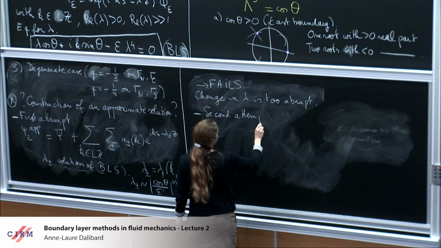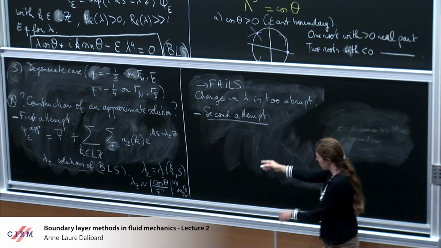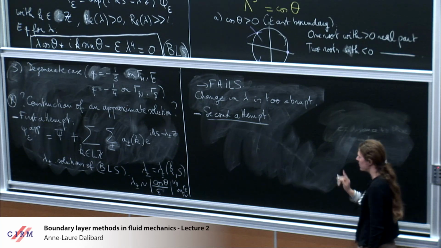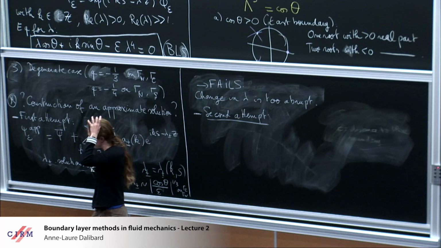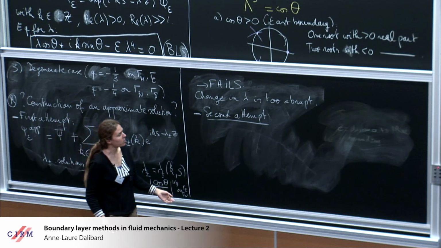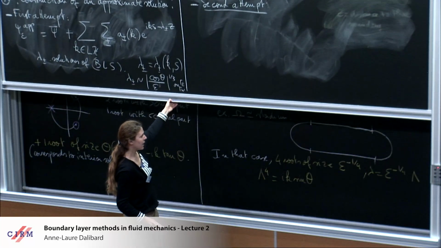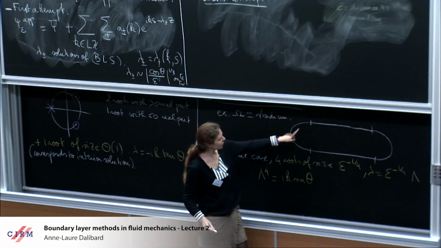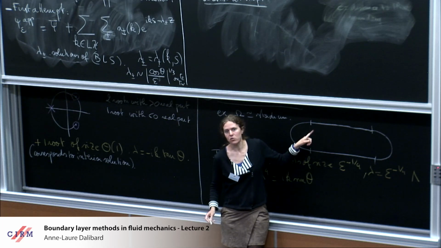So you step back a bit from this formula, because like I said, this doesn't work, and you go back to the formal analysis. The formal analysis is telling you, I think it's again here, that when you are close to these flat portions of the boundary, then your lambda should be exactly 1/4, epsilon to the minus 1/4.